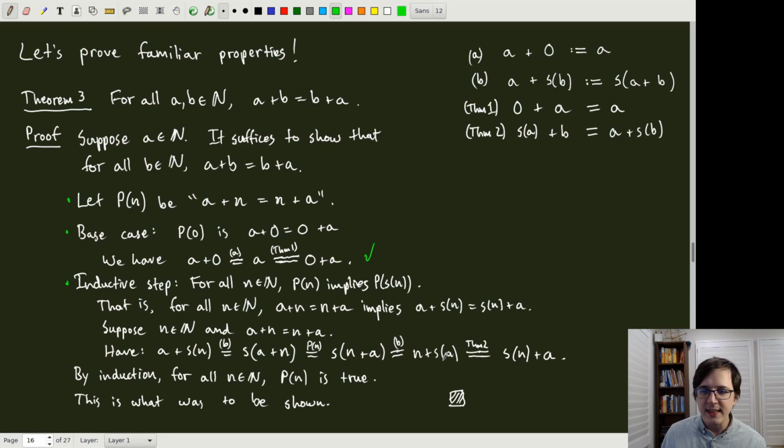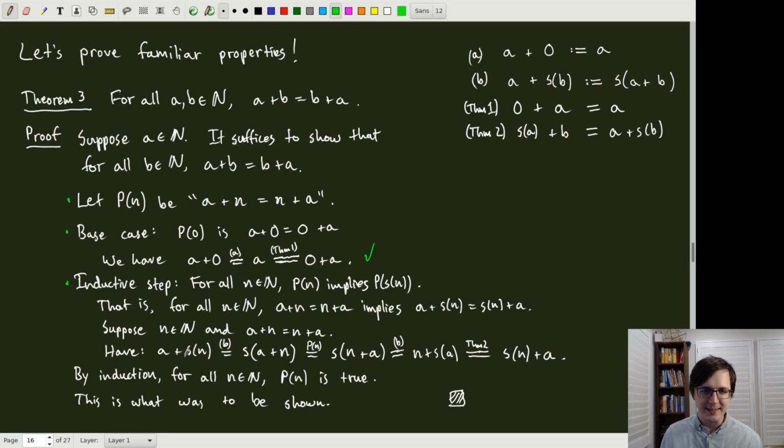And then we apply theorem 2 in reverse to bring the S on the A to the S on the N. That is exactly the statement we wanted to show. I should tell you that the way I found this was I knew what I needed, and then I searched through everything that seemed reasonable until I made this connection from beginning to end.